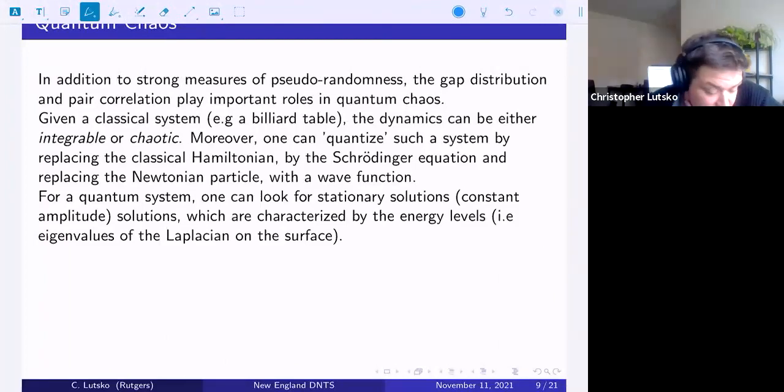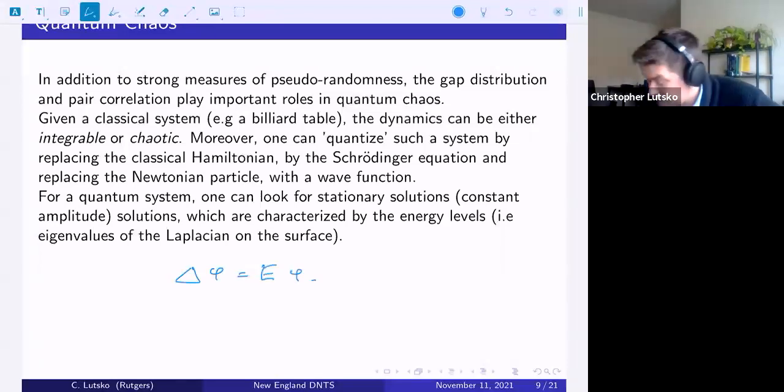Now, if you're studying quantum mechanics, one of the first things you do is you look for stationary solutions, which are characterized by energy levels, which means solving the Laplace eigenvalue problem. So Laplace phi equals energy level phi. So you want to look for eigenfunctions and eigenvalues which satisfy this equation.